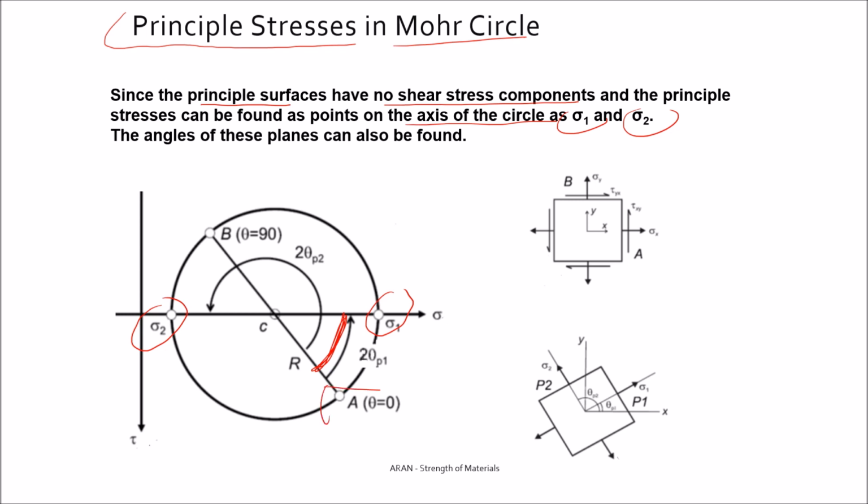So if this is your reference point A, it lies on the Mohr circle by 2 theta. So on the actual element, the angle will be theta, and this will be your new direction, and this will be your new plane.